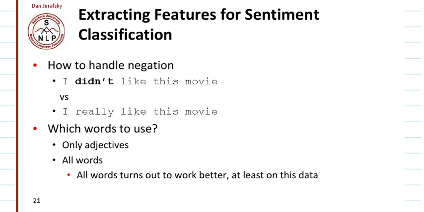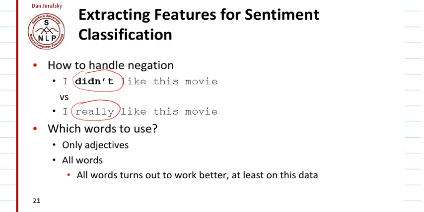In sentiment analysis, negation words are quite important. You see, "I didn't like this movie" versus "I really liked this movie". There is only one single word of difference in this sentence, "didn't" and "really", so it is a very small discrimination.